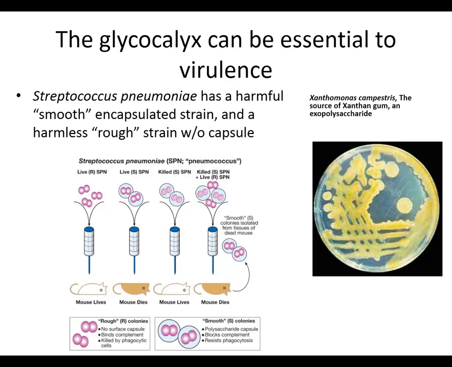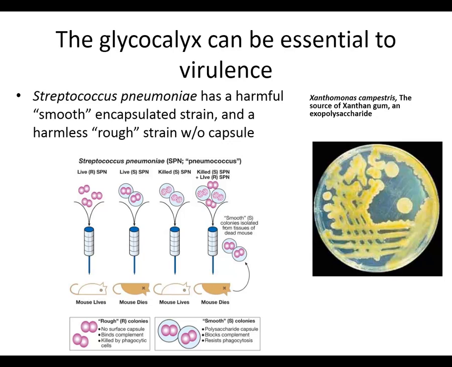It is a battle to the death when somebody does this, right? And the battle is between the bacteria and the mouse's immune system, yeah? Well, who wins against the rough strain? The mouse survives, and here the mouse dies, right? And the difference is the glycocalyx.